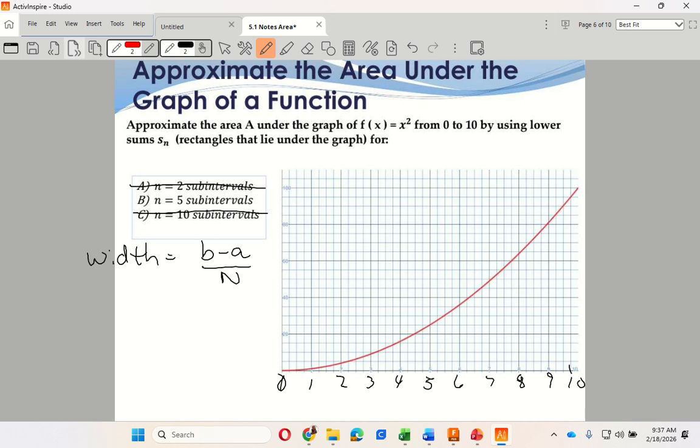So divided by 5, so 10 divided by 5 is 2. So that is the width of everything. So I'm going to go right here.